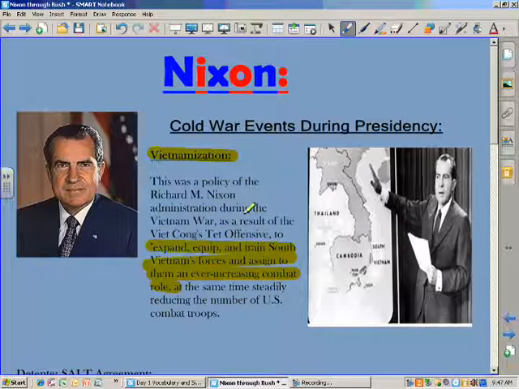So it's kind of preparing them to fight on their own, and then it's pulling ourselves out. Kind of what we did with Iraq. We've been helping that army kind of rebuild itself, be ready to patrol, and we're pulling ourselves out at the same time.